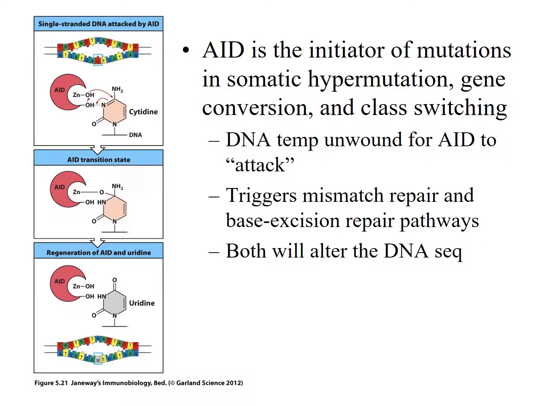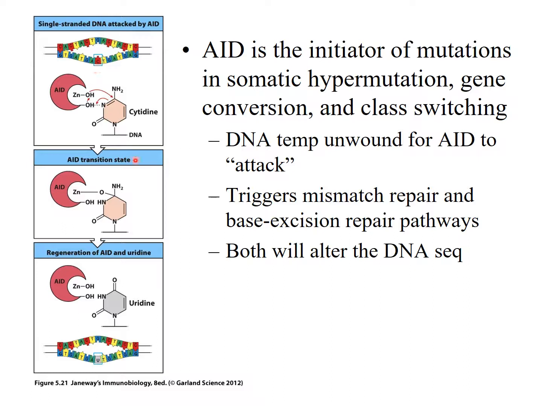Now, how this all works, remember, this is AID, our activation-induced enzyme. What AID does is it goes in and deaminates cytidine. Turns cytidine into uridine. So what you end up with is a mismatch situation.